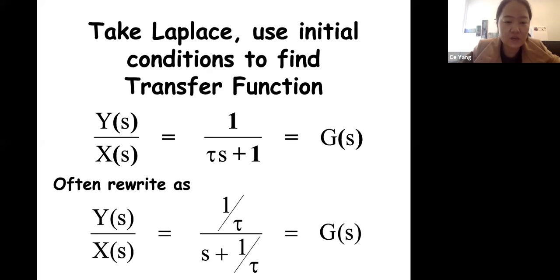Often we can rewrite this transfer function as Y(s) over X(s) equals 1 over tau divided by s plus 1 over tau. Here we divide tau on both the numerator and the denominator.